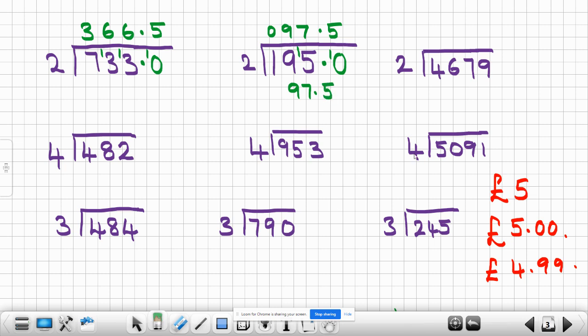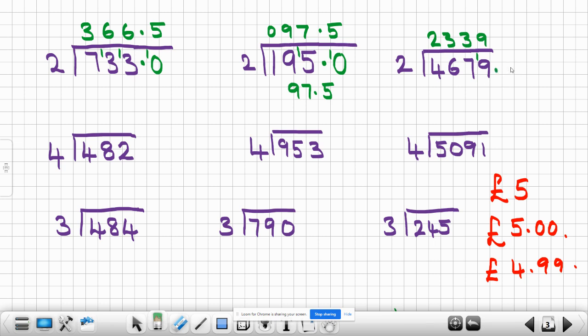Okay, let's do the next one. 2's into 4 goes exactly twice. 2's into 6 goes exactly 3 times. 2's into 7 goes 3 times with 1 remainder. 2's into 19 goes 9 times with 1 remainder.